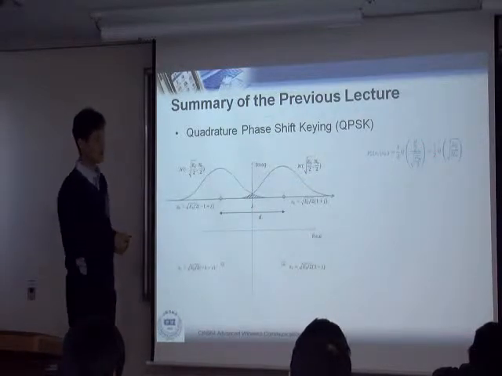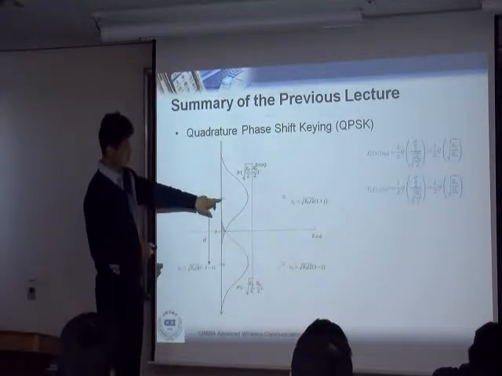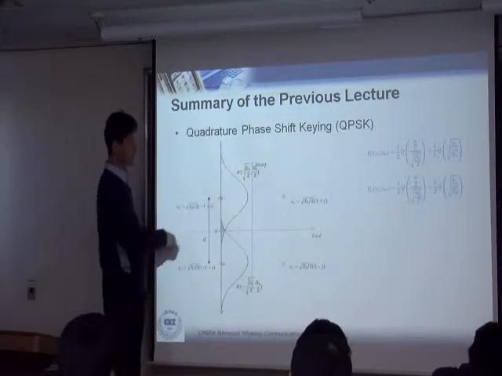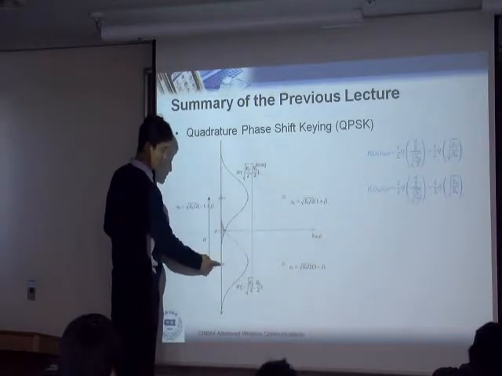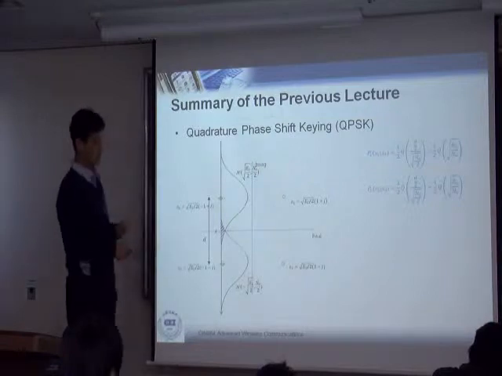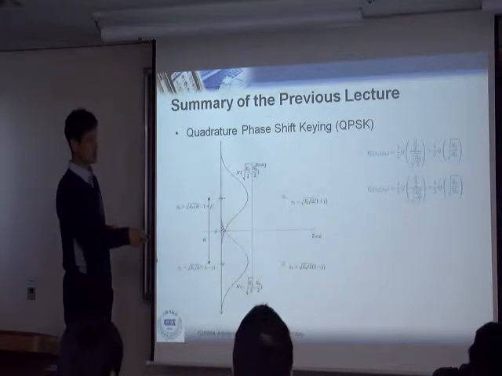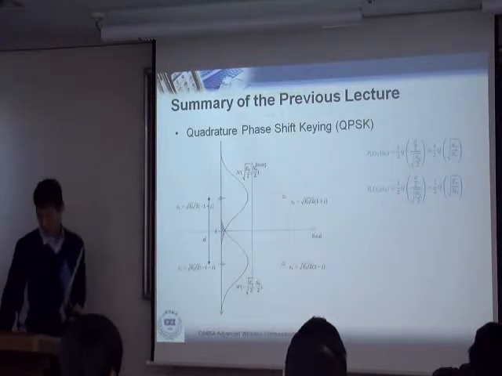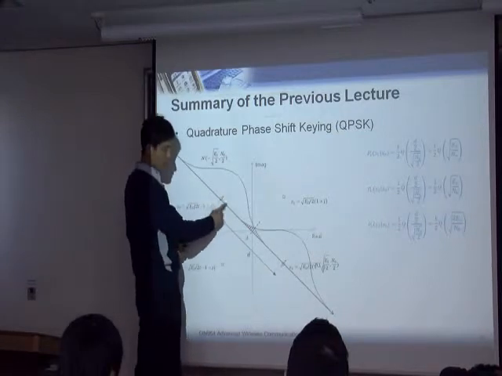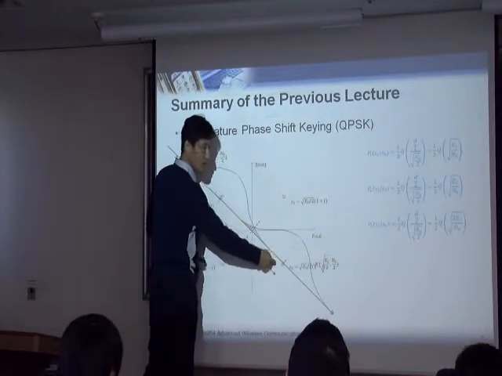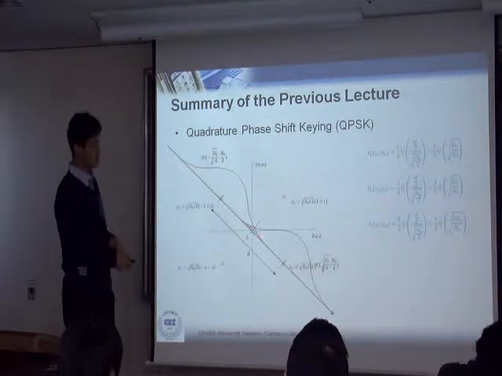This is the error. The second case is that you transmit this one, but erroneously, because of noise, sometimes you receive somewhere here. It will be detected as this one, so that's error case 2. In this case, again, you have the same distance, so you will get the same error as before. The third case is that you transmit this one, but it is received somewhere here. That's error case 3. But in this case, this D, in fact, is longer.